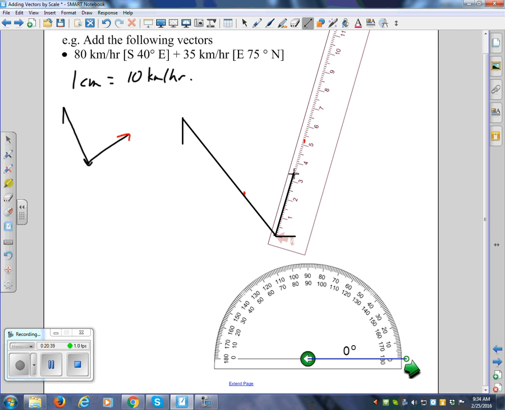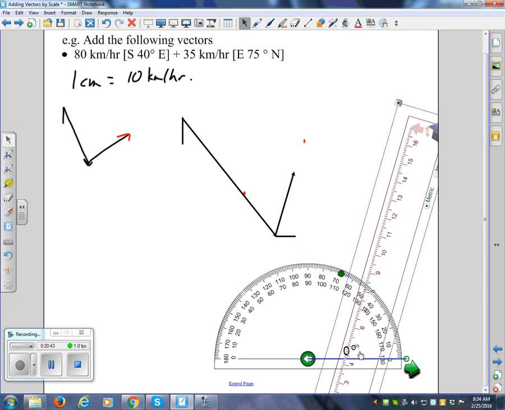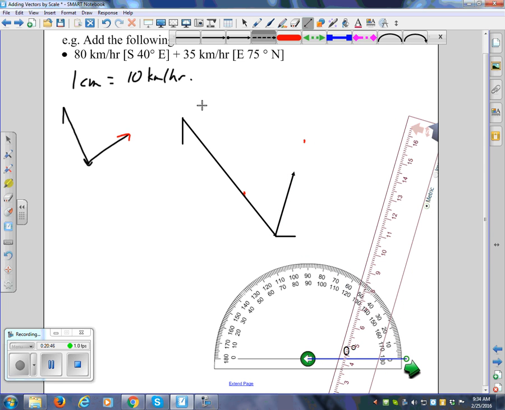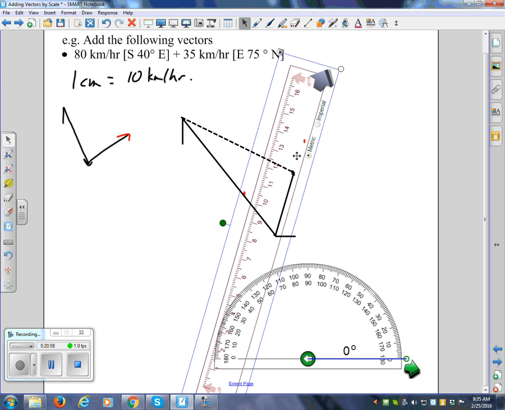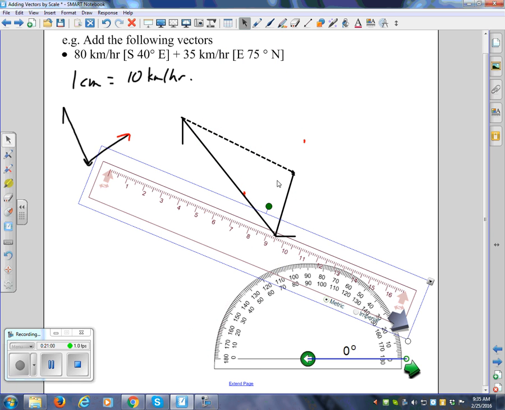To there. Okay? Where do I draw the resultant from? Where I started to where I end. Okay? And now I measure. I do not use Pythagoras. It's not a right triangle.